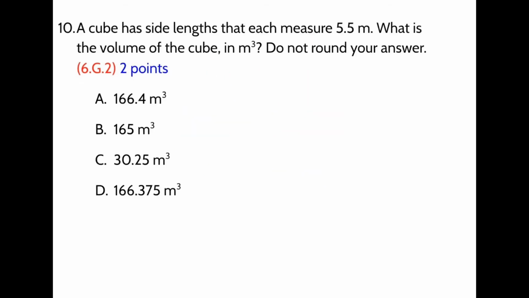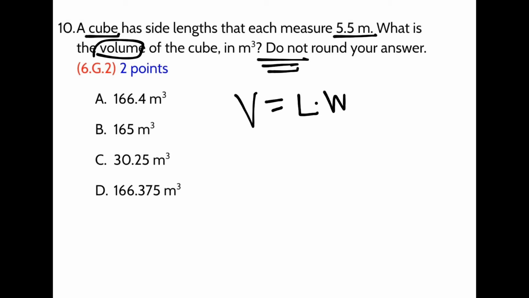Number 10. A cube has side lengths that each measure 5.5 meters. What is the volume of the cube in meters cubed? Do not round your answer. We know volume equals length times width times height.